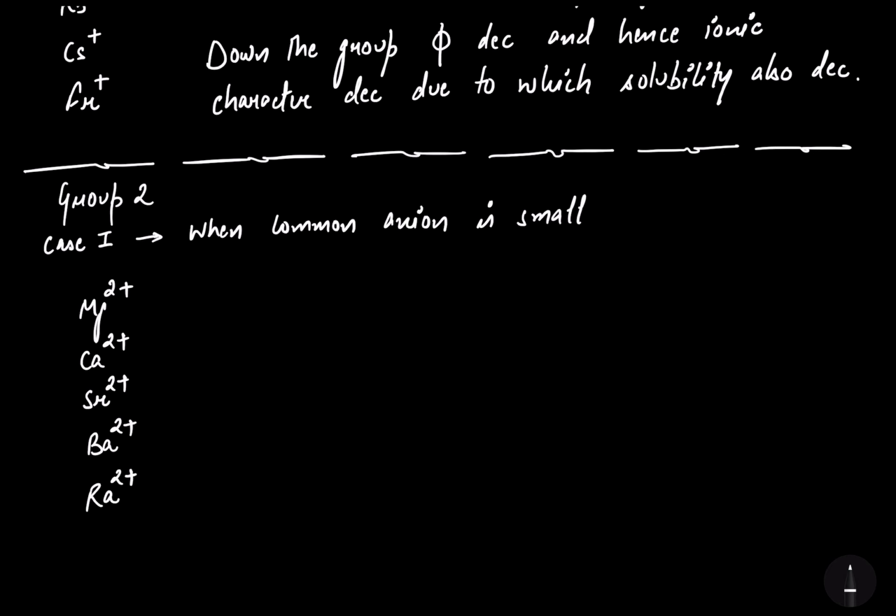Now, when the common anion is small, let me take an example of small anions. The examples are F negative, oxygen 2 negative, OH negative, or Cl negative, etc. The size of these anions is actually very small compared to the metals of group number 2.